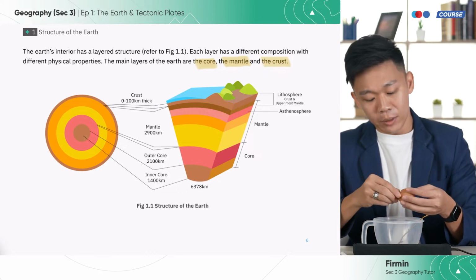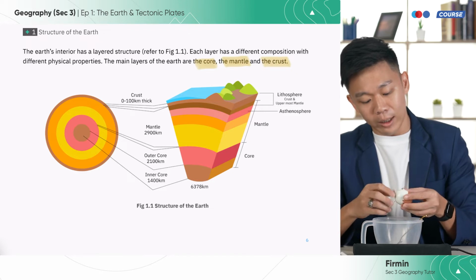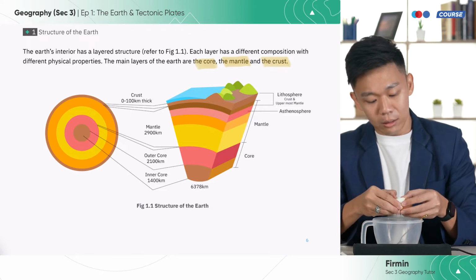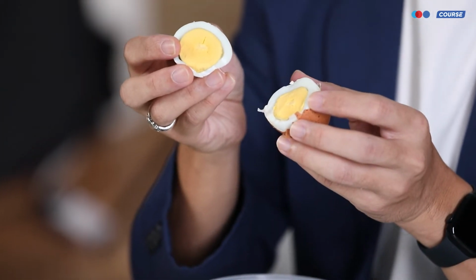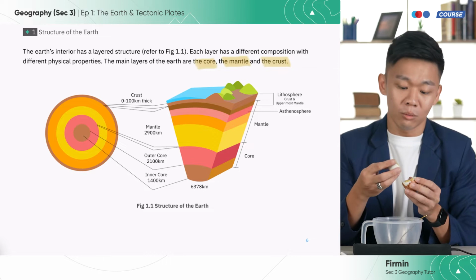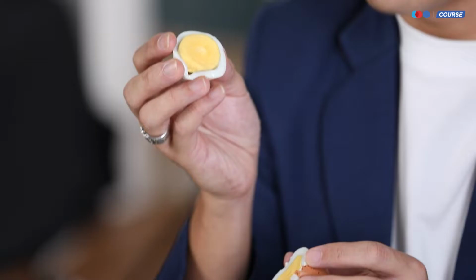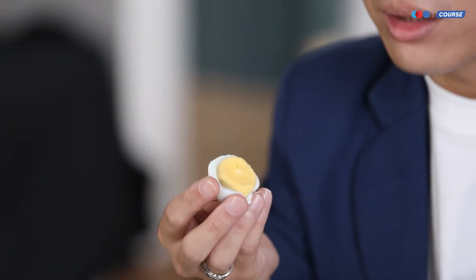Now, once I clear out the shell and cut out the egg white, what you see is actually the egg yolk, right? The egg yolk, this yellow ball inside the egg, in the middle of the egg, is known as the core of the Earth.